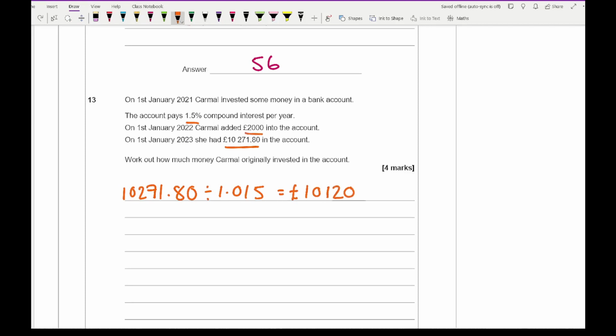Now she then added £2,000, so I need to take that away. If I minus £2,000, I get 8,120, and then I need to just take away another 1.5% increase. So I divide by 1.015 again, and I get a final answer of £8,000.